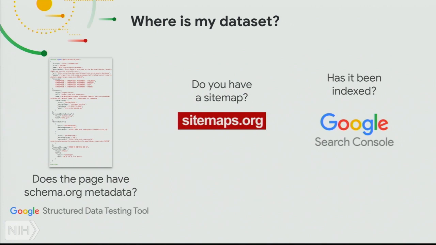And that includes the inclusion of sitemaps, which are tools for webmasters to tell web crawlers what sites you have. In this case, it would be which datasets you have. And then we also provide this tool called Google Search Console, which allows a data repository to monitor the coverage of web crawling and any potential errors.